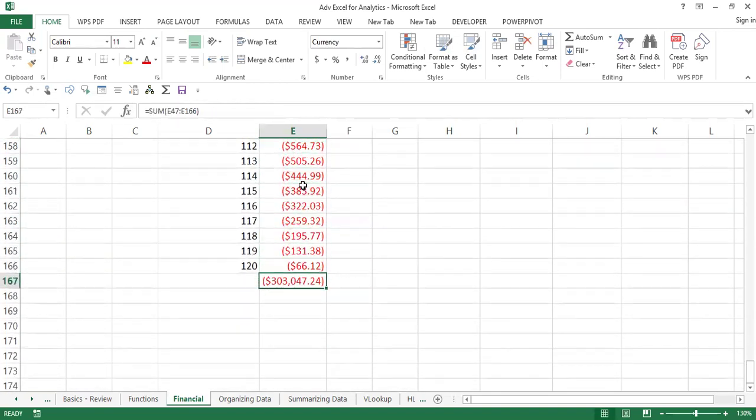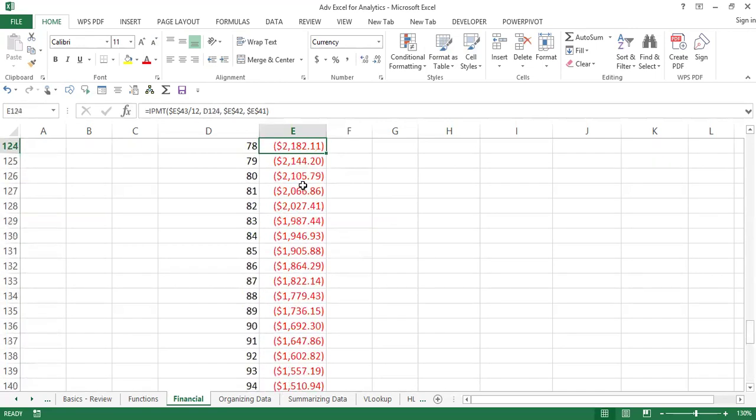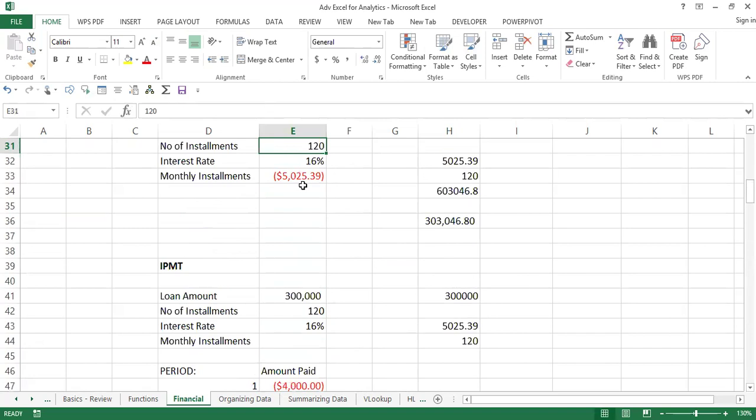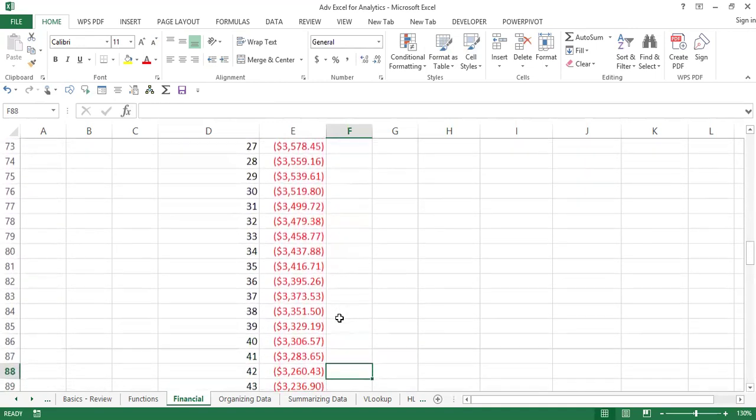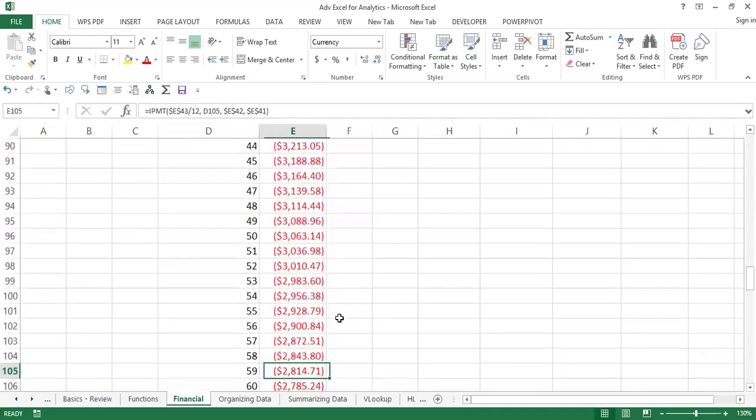This amount plus the initial capital, which is 6 something, is what is split into 120 to get this monthly repayment. I don't know if I'm still communicating. So that's the IPMT function. Is all this clear? Very clear.